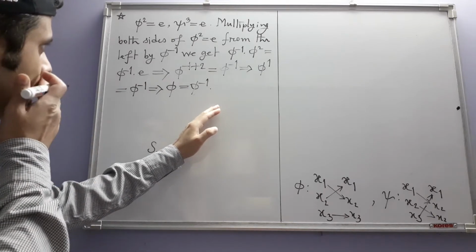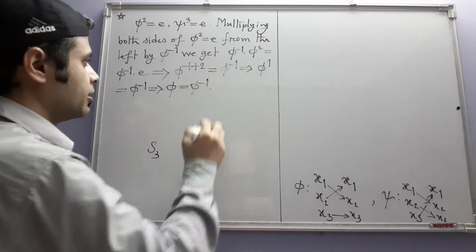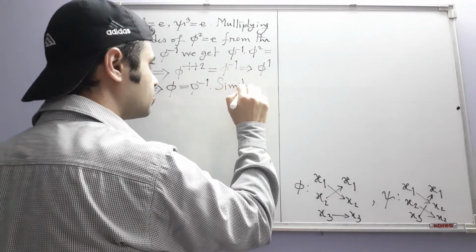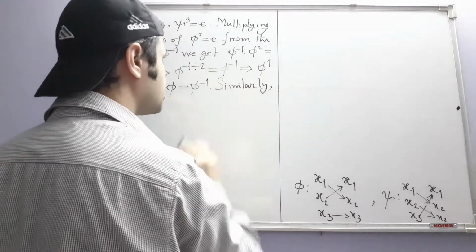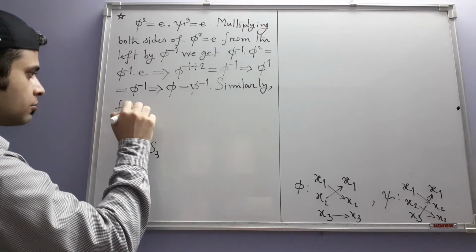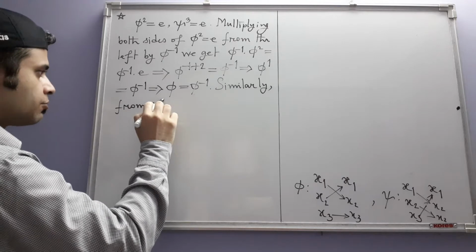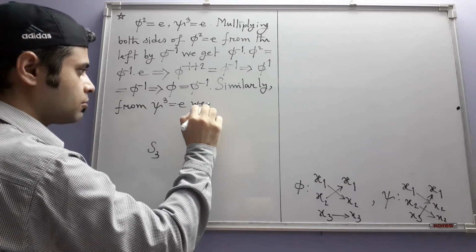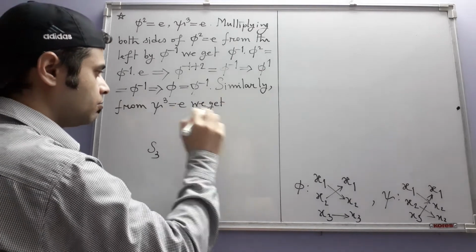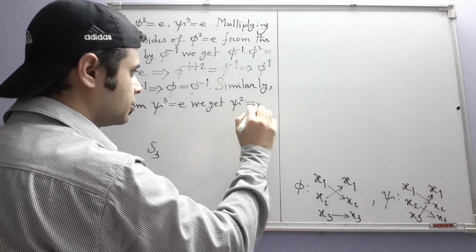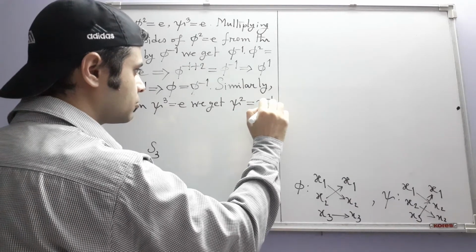Okay. And in a similar manner, from psi cube equal to E, we get psi square is equal to psi inverse.